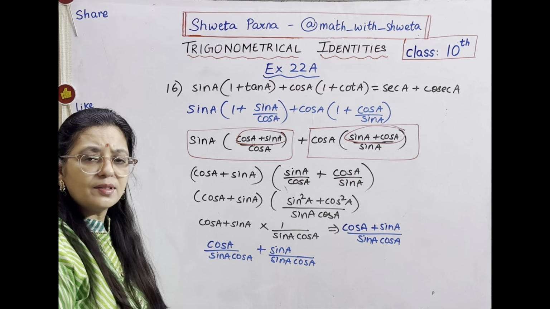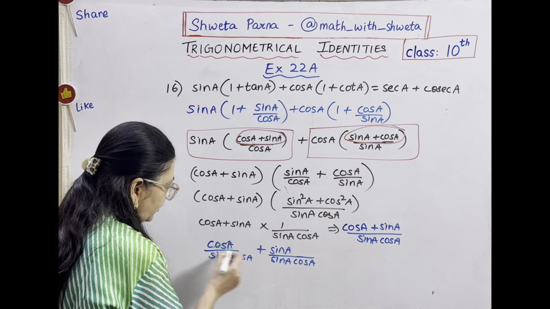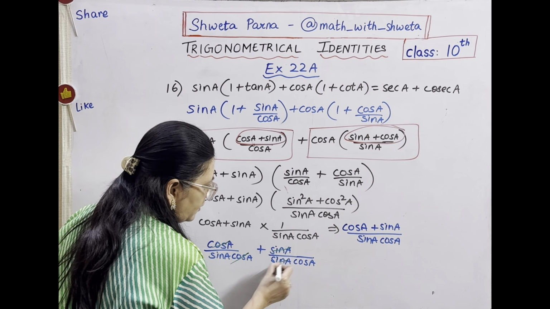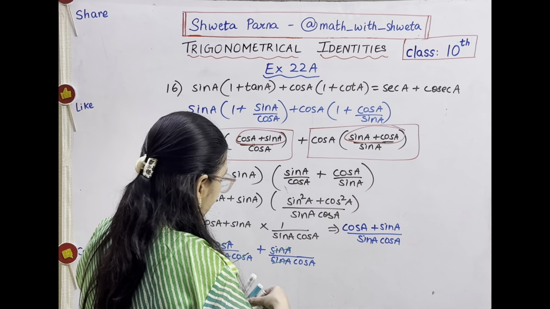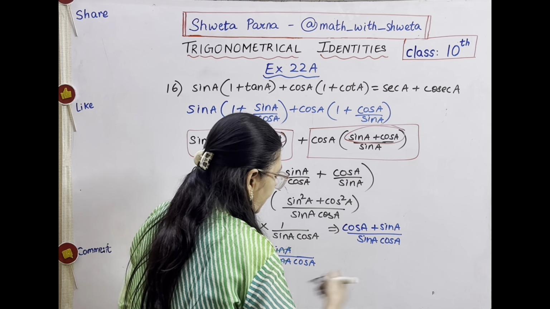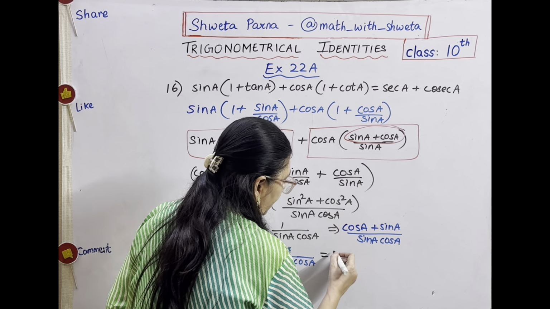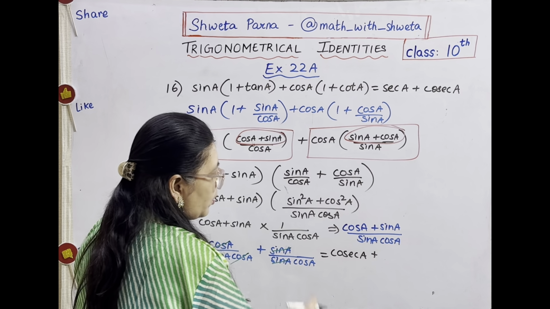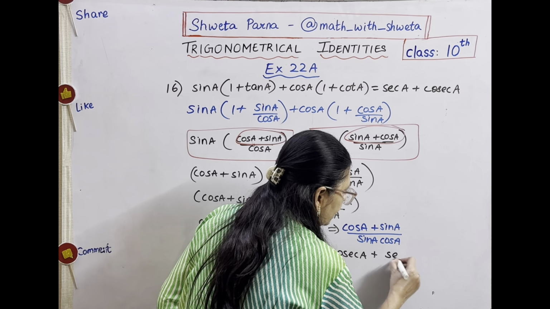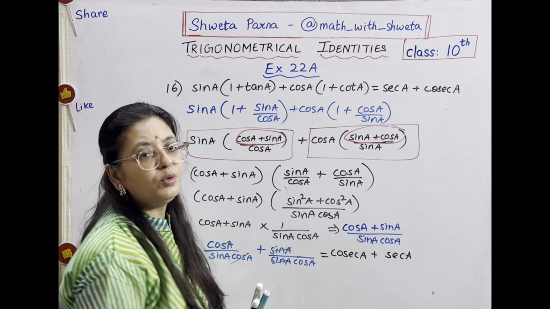Because they have the same denominator. Now cos A and cos A get cancelled, sin A and sin A get cancelled. What is left behind? 1 upon sin A is left. What is 1 upon sin A? 1 upon sin A is cosec A plus 1 upon cos A is sec A. So this is what you wanted to derive.